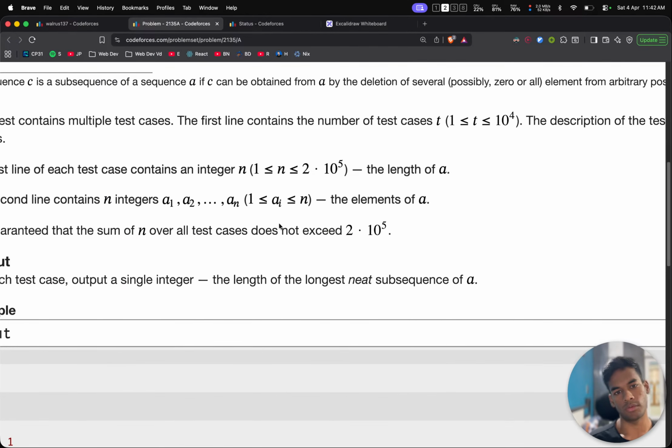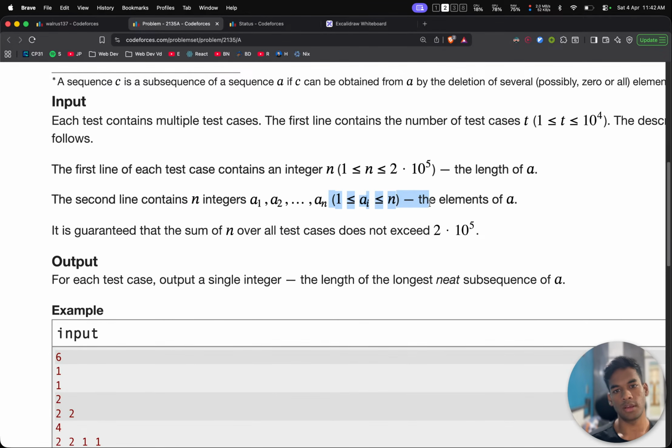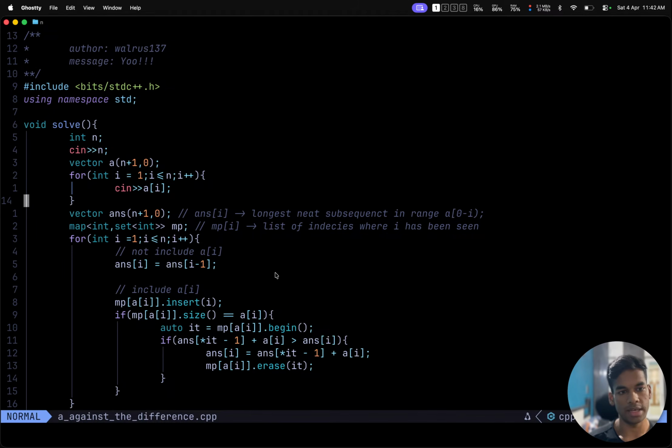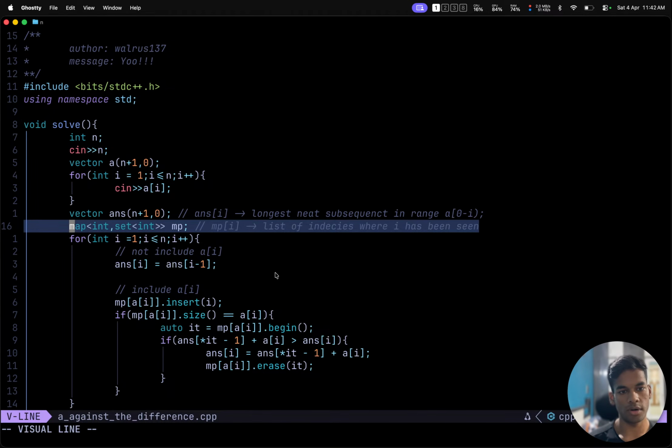And also, we did not look at the fact that all the elements in A are of size 1 to n, which means we didn't have the need to use a map here.